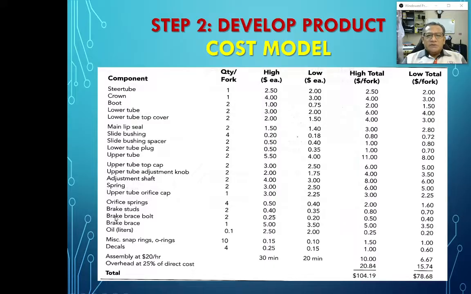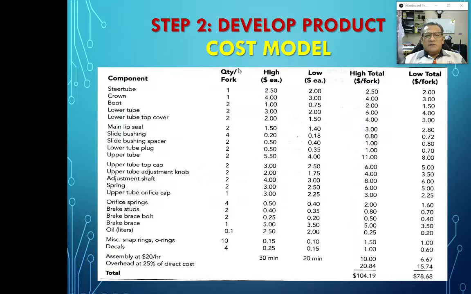Okay, step 2 to develop the prototype model is to develop its cost model. In this case, we are using the components of the bike, right? You have the steer tube, crown, boot, lower tube, spring, orifice, spring, oils, right? And decal sticker assembly cost at 20 US dollars per hour and so on.